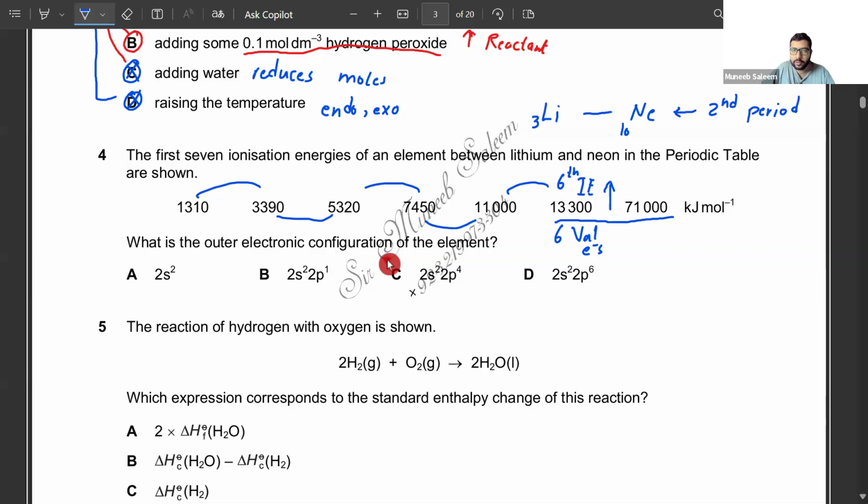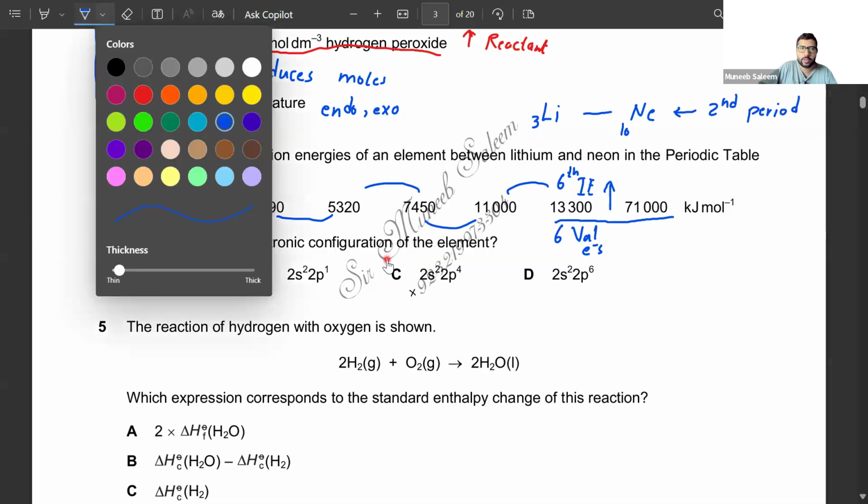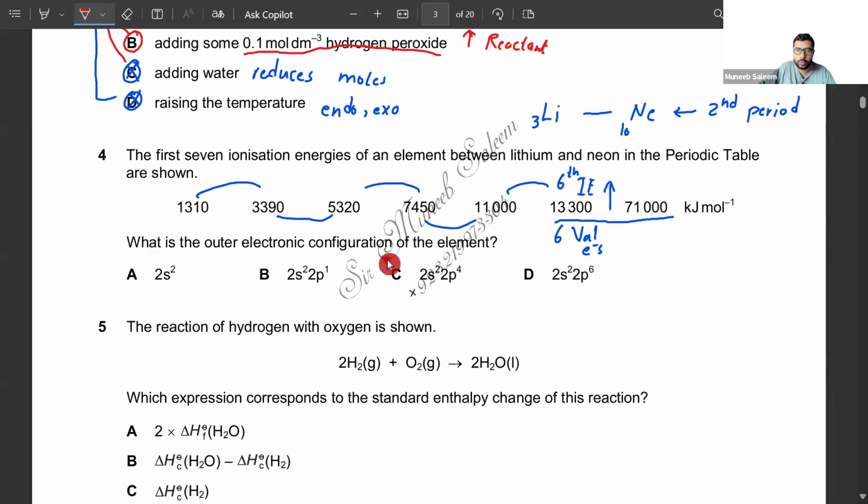So the only option is 2s2, 2p4. That gives the 6 electrons in the valence shell.